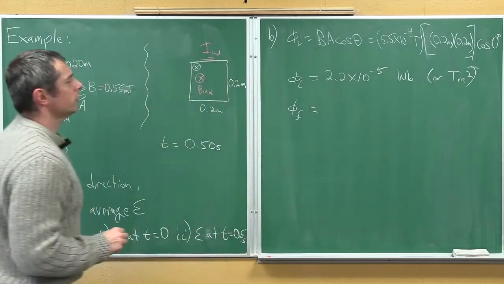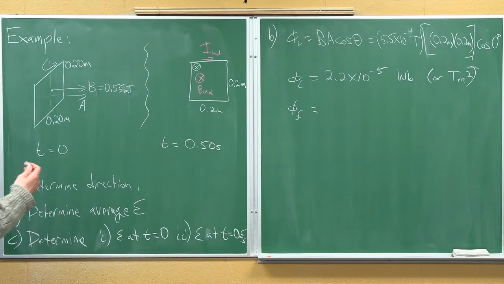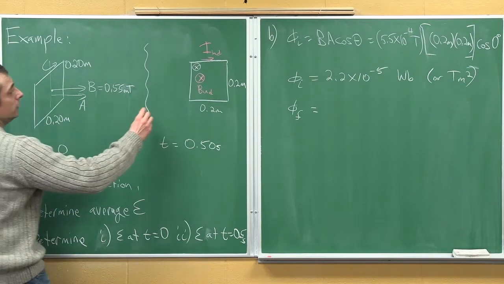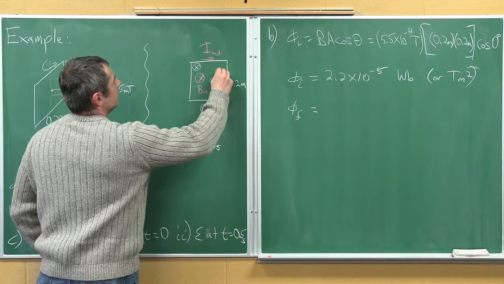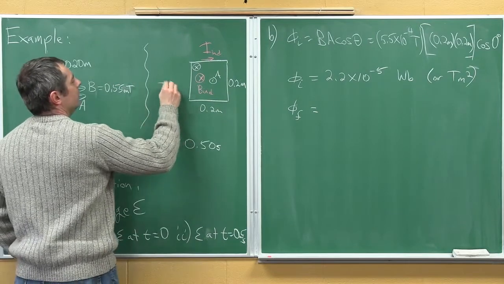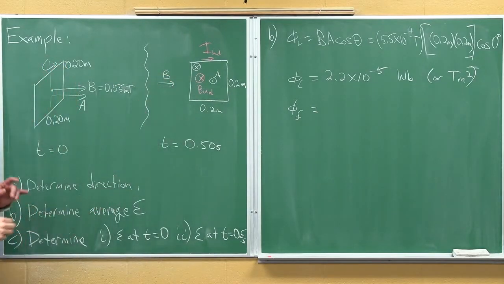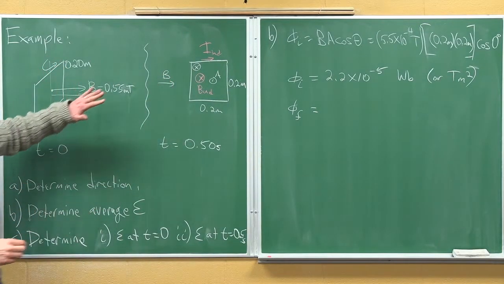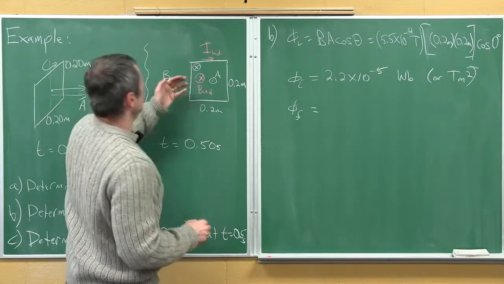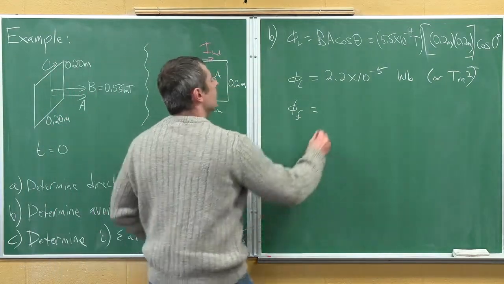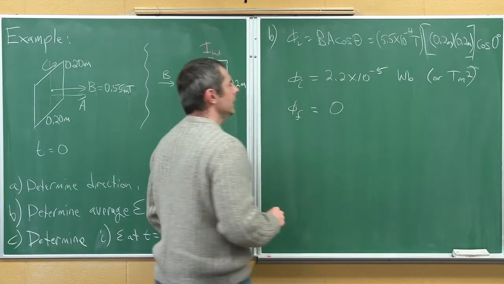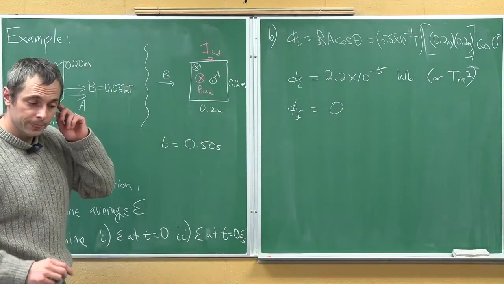The final flux is basically 0 because the area vector goes like this and the magnetic field vector goes like this, 90 degrees in the formula, or you could just say none of the field goes poking in or out of the surface, it runs along. Not even any need to calculate, you could just say 0.